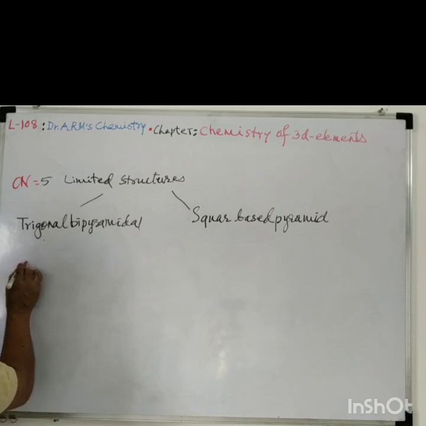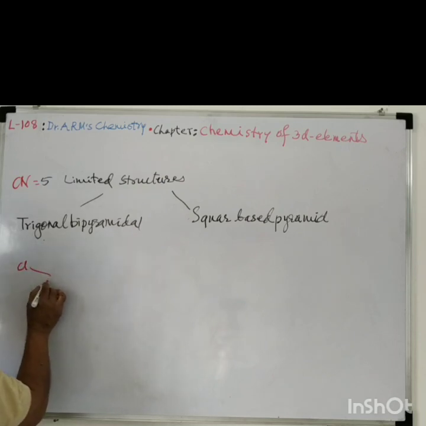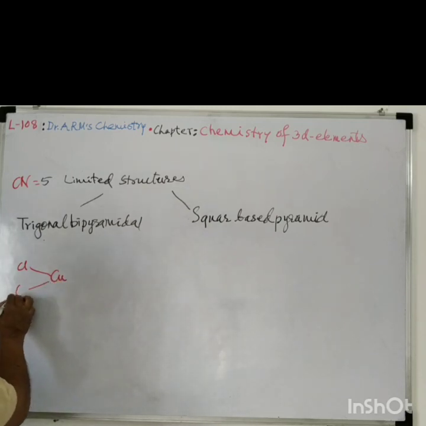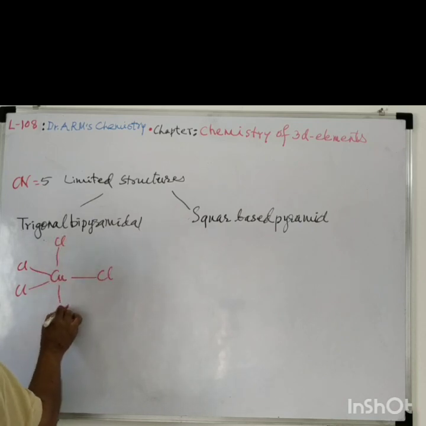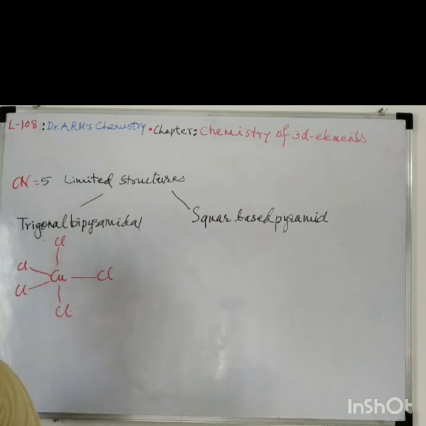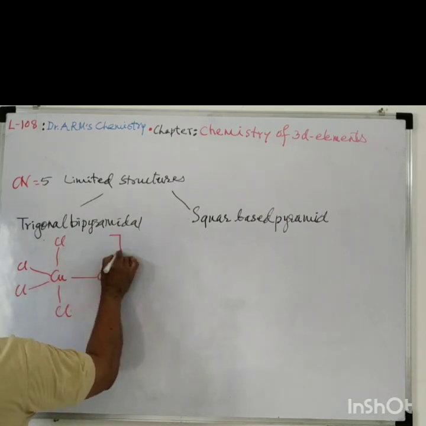For example, we can have Cl, we can have here say copper, so this is CuCl5, which has 3 minus charge.